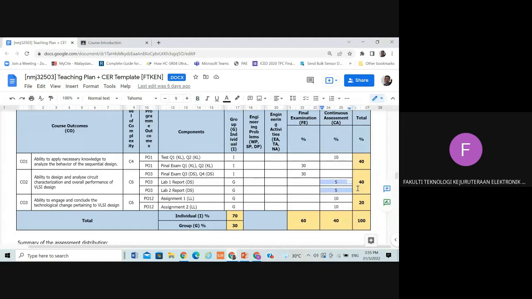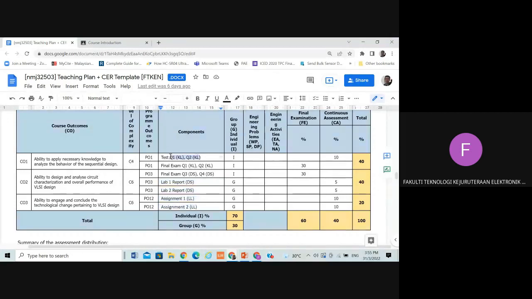Although it is only 10%, it is very important for you, it will help you to understand the subject. Try to make use of the lab as much as possible so that it will support you in the learning process. So this is the element of continuous assessment, your coursework.